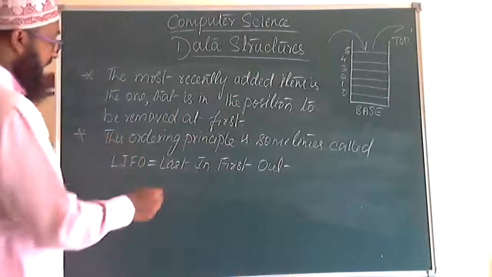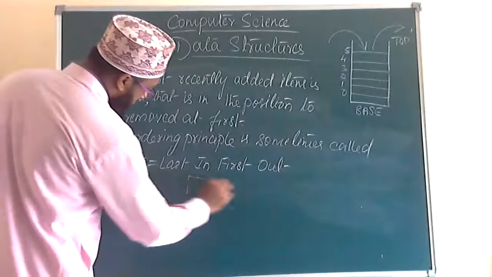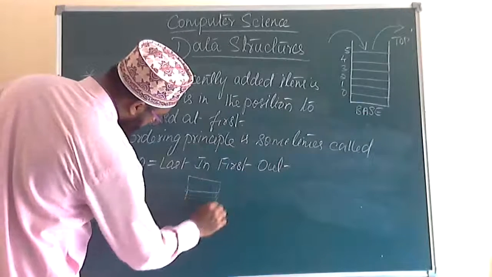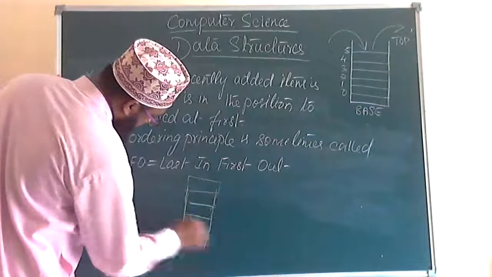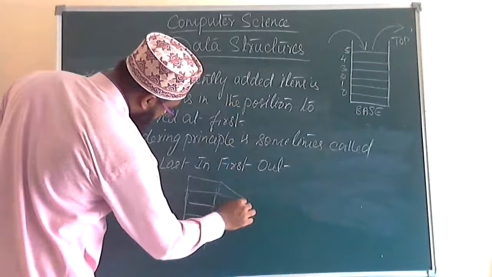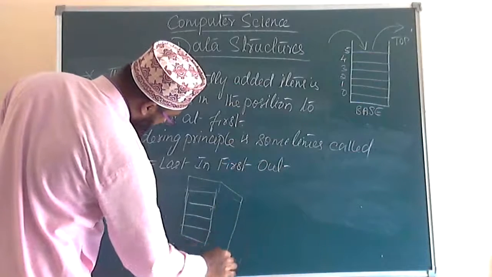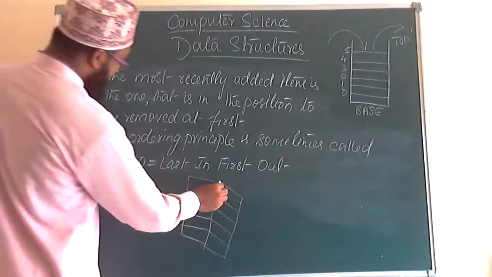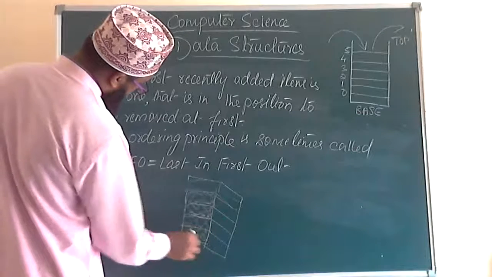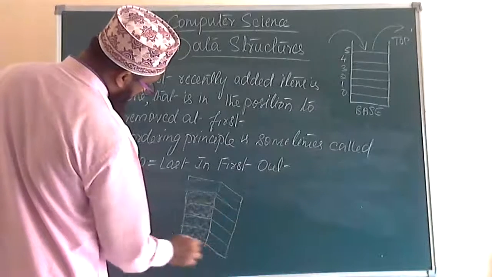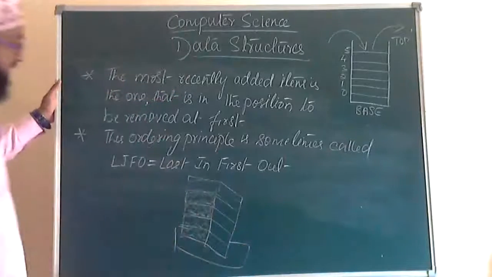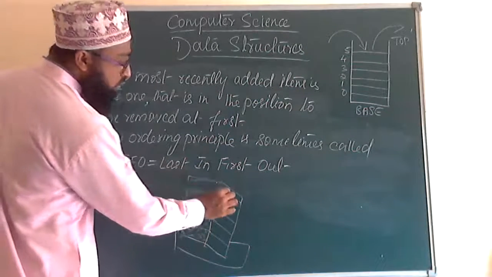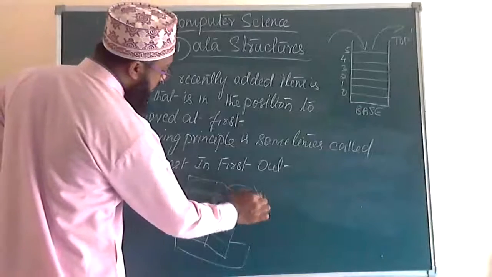Just like if we take a pile of books which are arranged on the table, if you want to remove any book, you need to remove the book which is on the top.